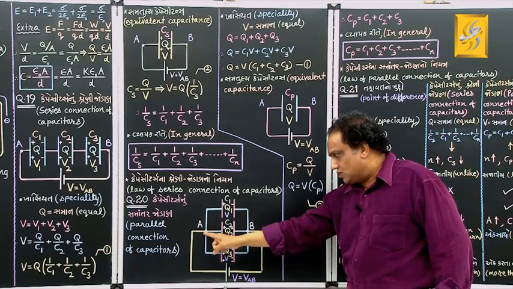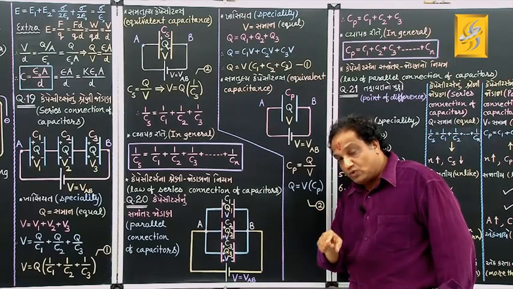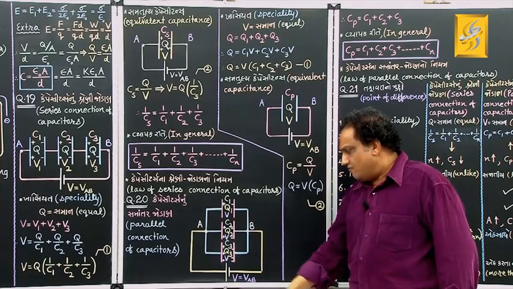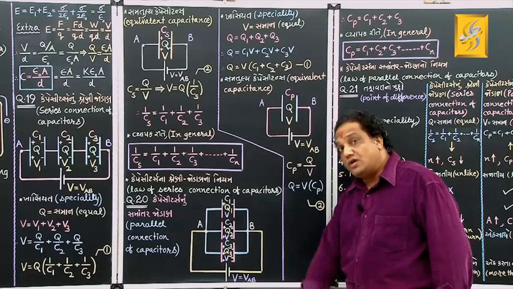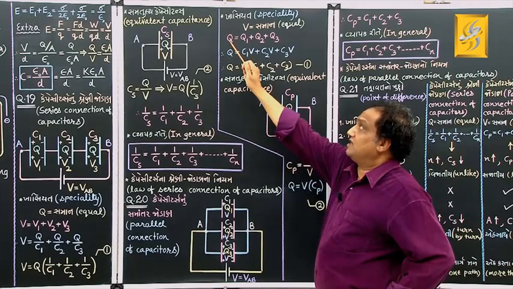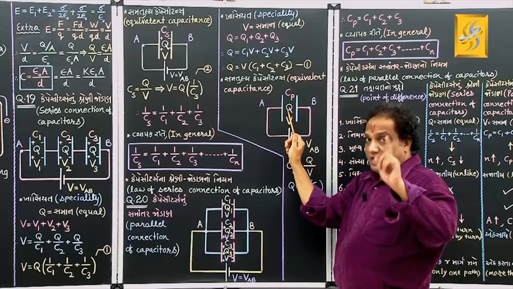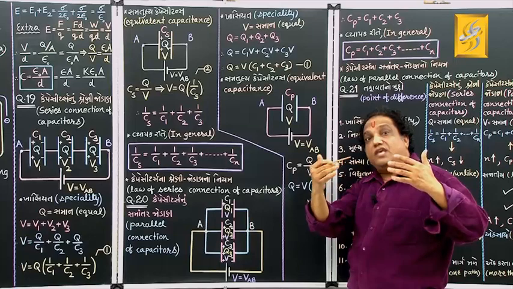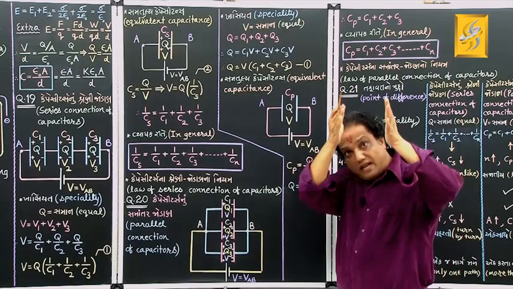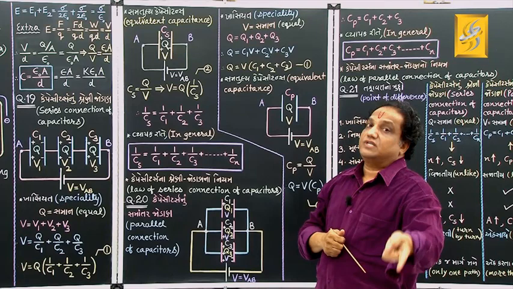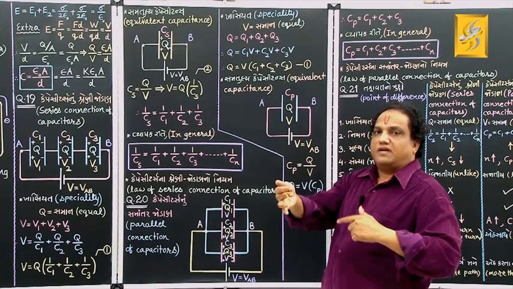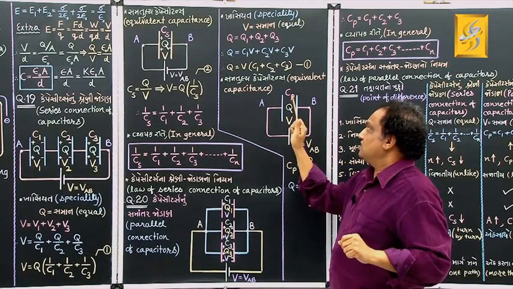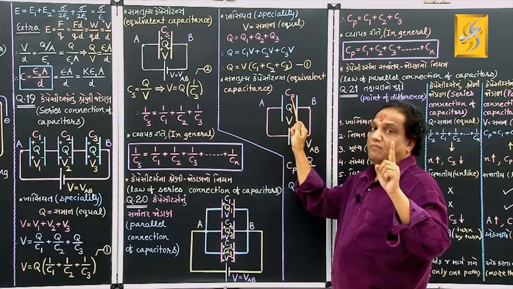Then between these 2 points A and B, you are supposed to put only one capacitor of such a capacitance such that when you connect the same battery across that capacitor, you should get the same total amount of electric charge, that is capital Q. Really, if you get the same amount of electric charge, then that single capacitor will be called an equivalent capacitor to the given parallel connection of capacitors, and its capacitance will be called the equivalent capacitance of the parallel connection of capacitors, and that's why I am putting the symbol CP, P for parallel.